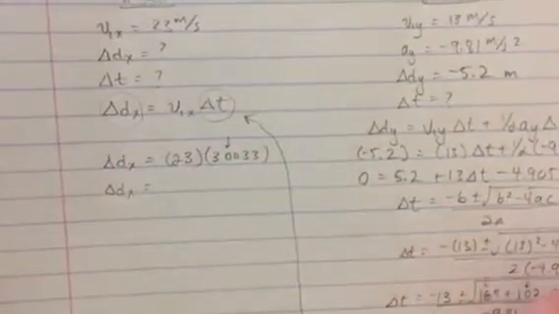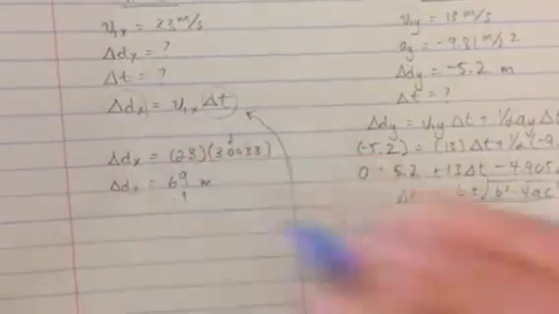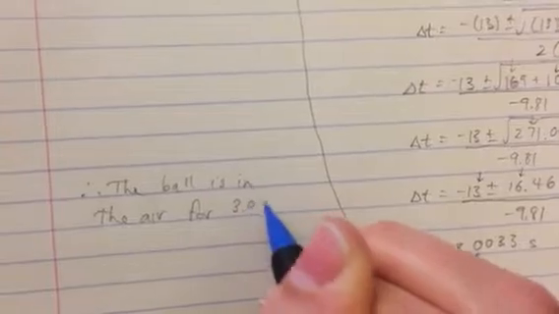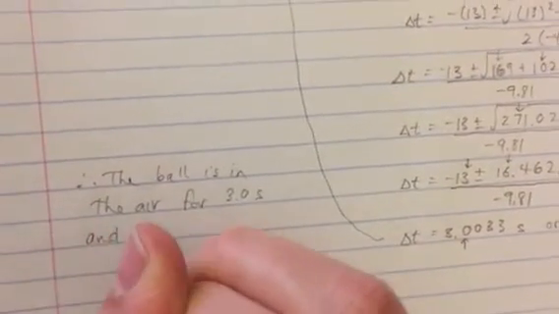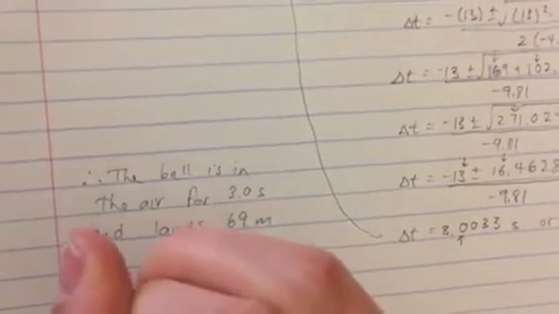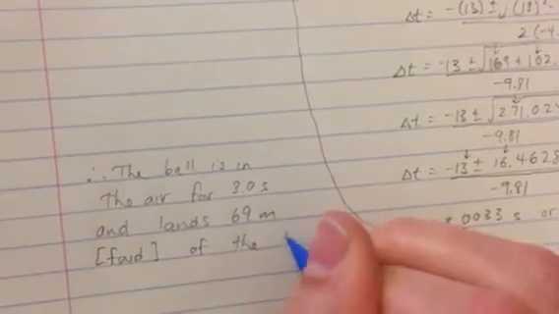And this gives me an overall displacement, rounding to two significant figures, of 69 meters. So in my final statement, I'll say, therefore, the ball is in the air for 3 seconds and lands 69 meters forward of the tee, since it's a golf ball.